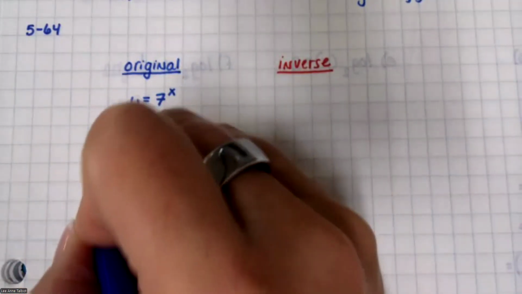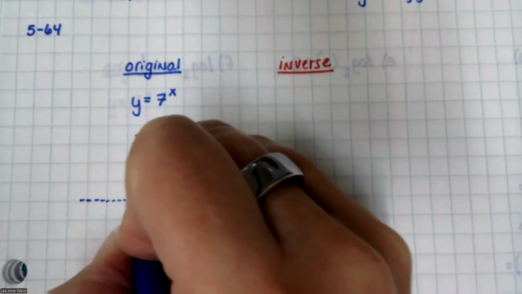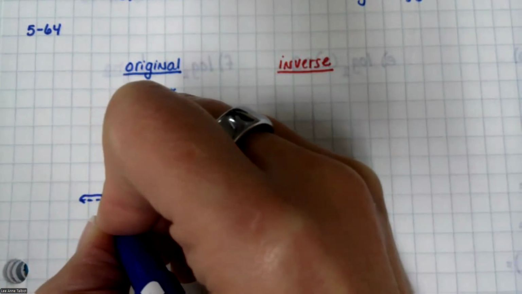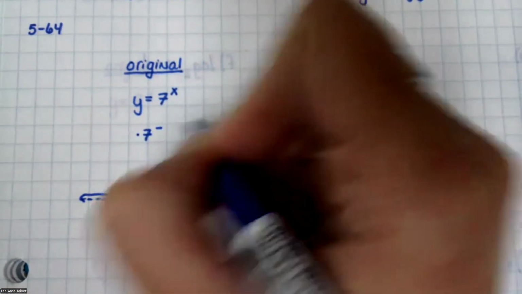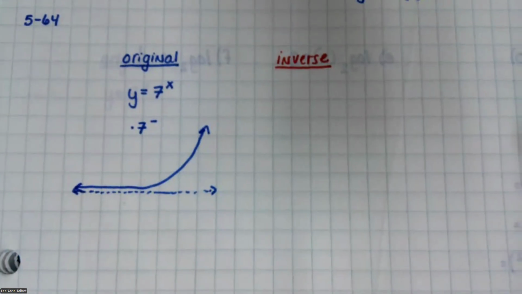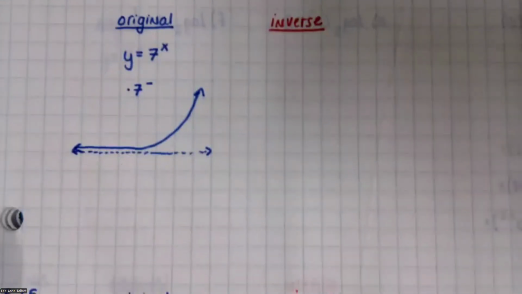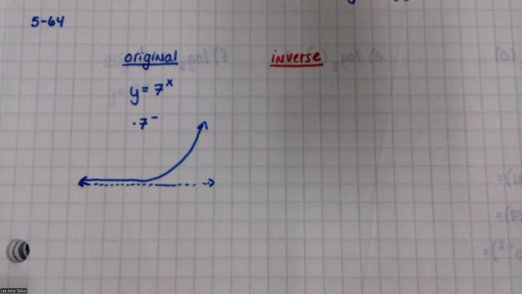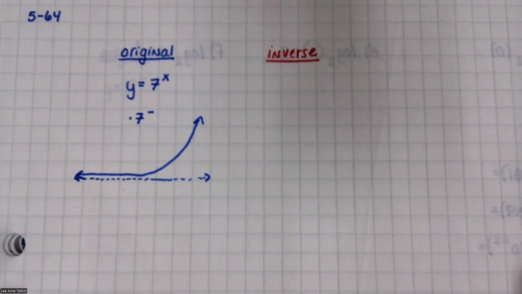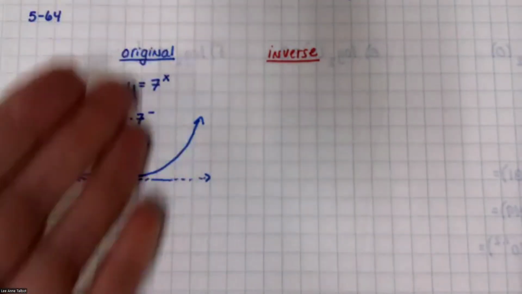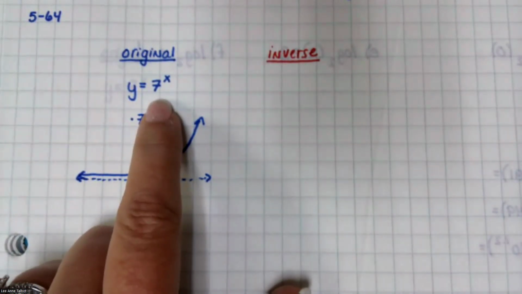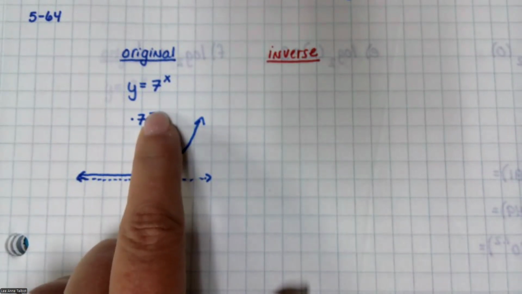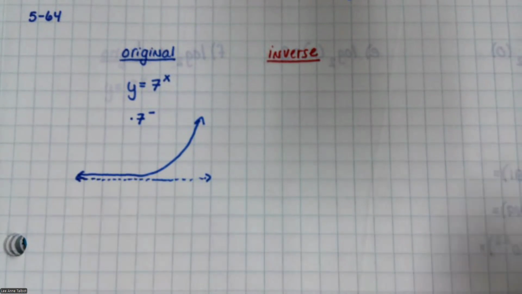It would look like it has a horizontal asymptote somewhere, and then it would come along like this and take off like that. Okay, so this is all old stuff, regular old exponential. When I plug something in for x, the first thing I would do would be 7 to the x. And this is what the graph would look like.